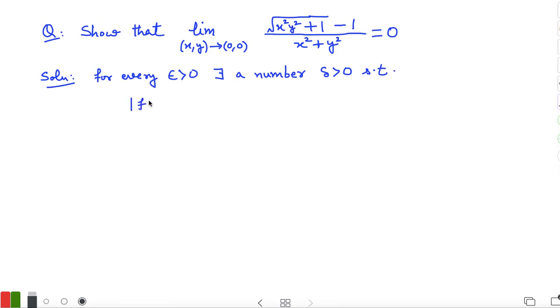the modulus of f(x, y) minus L is less than epsilon whenever the point (x, y) lies in the neighborhood of the origin and within a delta distance.